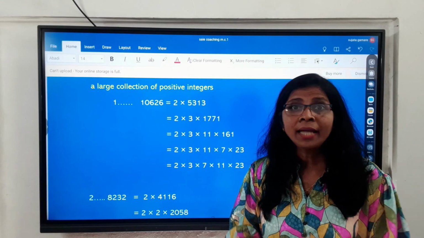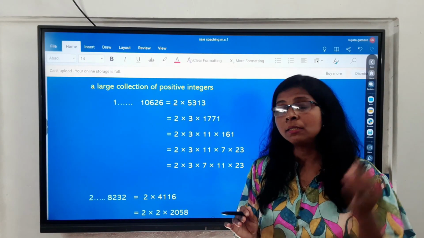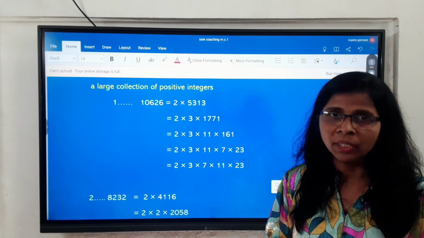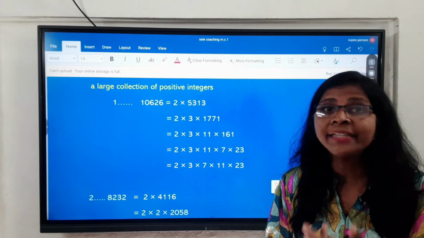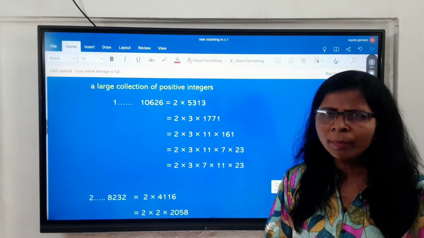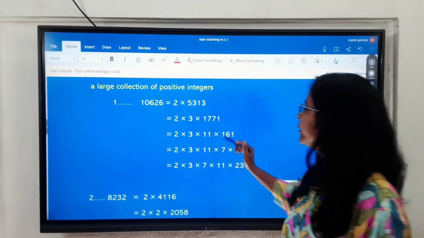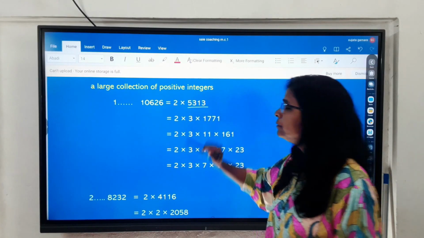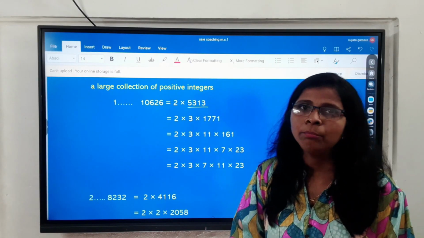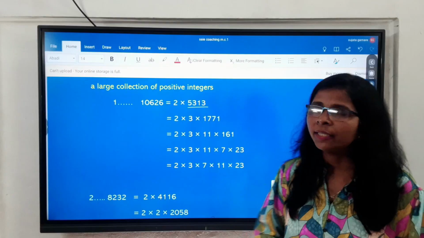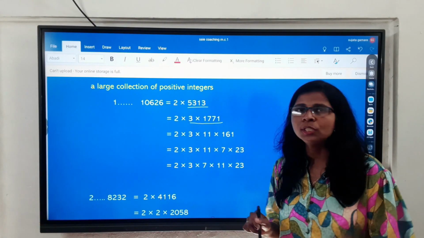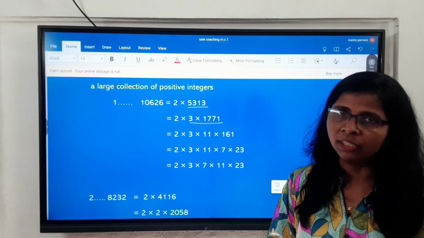Then 5,313 is still a bigger number, so I convert it into a smaller number again. I know that this 5,313 is divisible by 3, so I factorize it as 3 multiplied by 1,771.